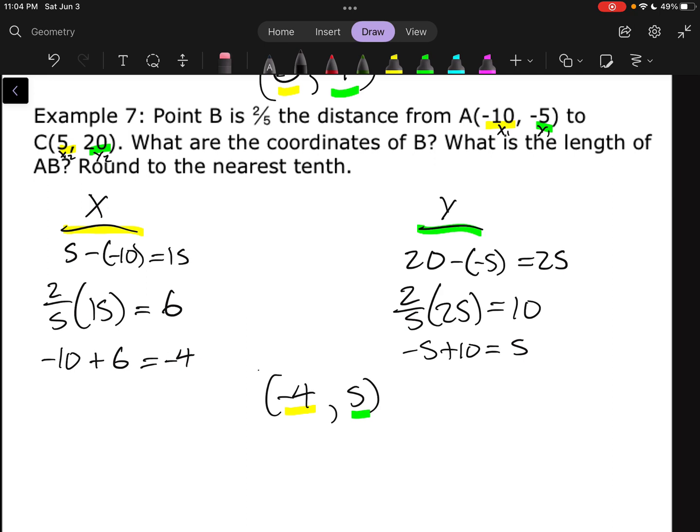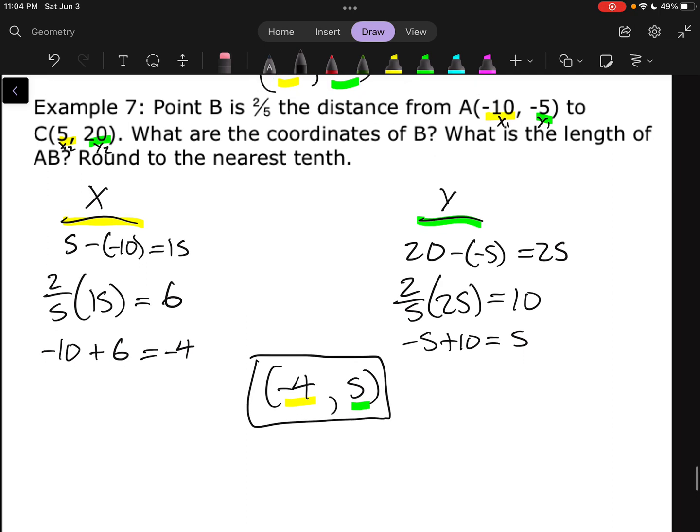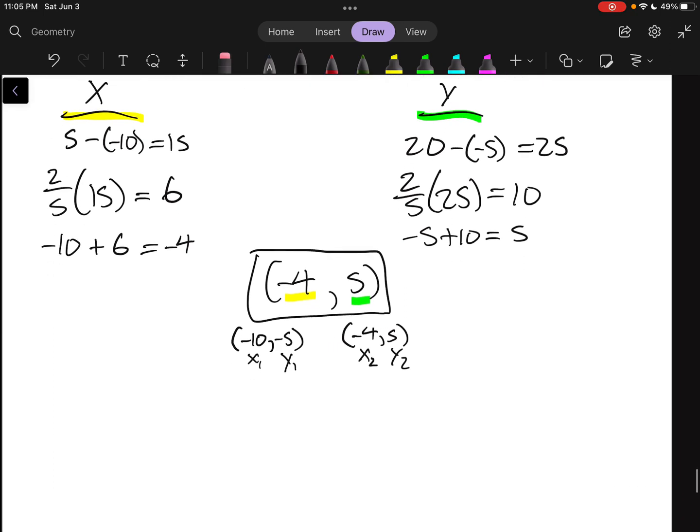Now I need to find the length of AB. So for AB, let's just jot those down. A was -10, -5. B, we just found, was -4, 5. So this is my x1, y1. This is my x2, y2 for the second part of the problem.